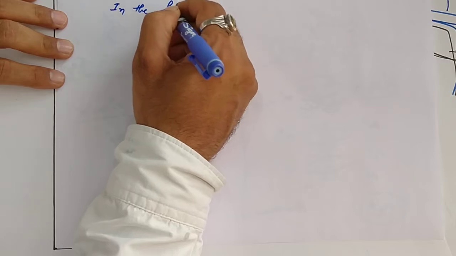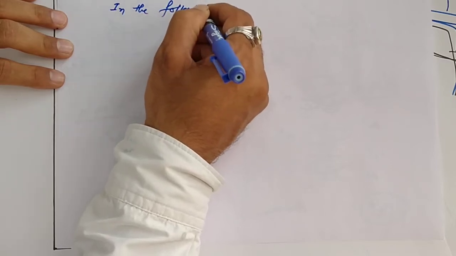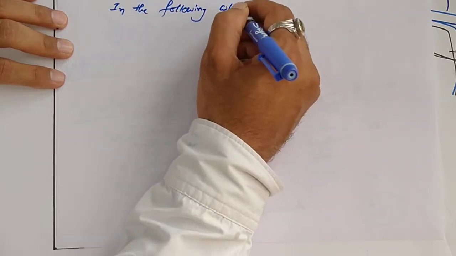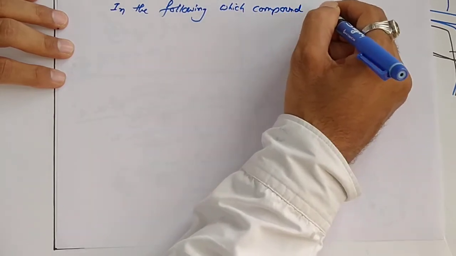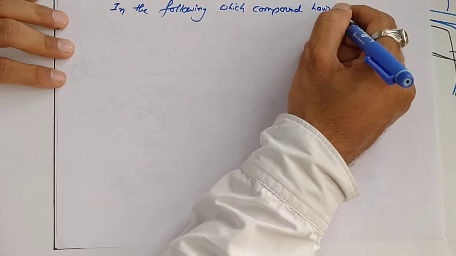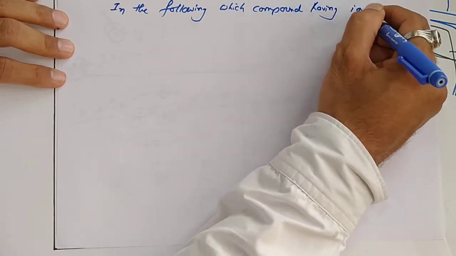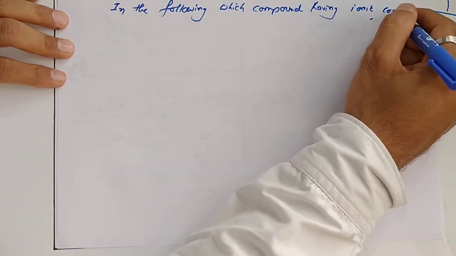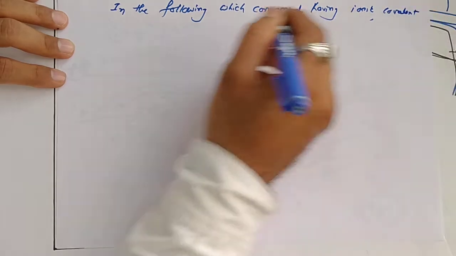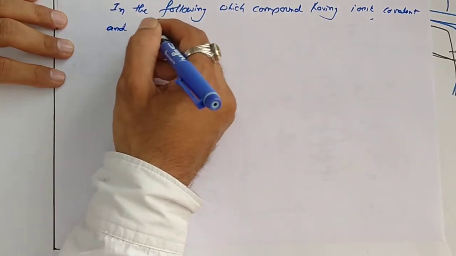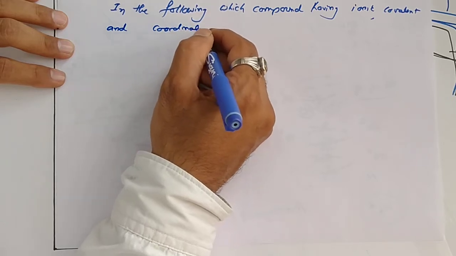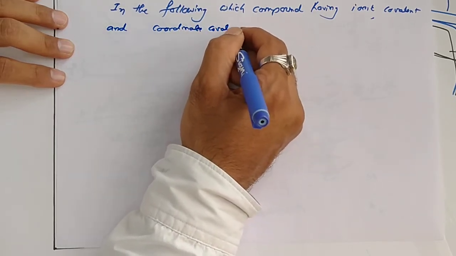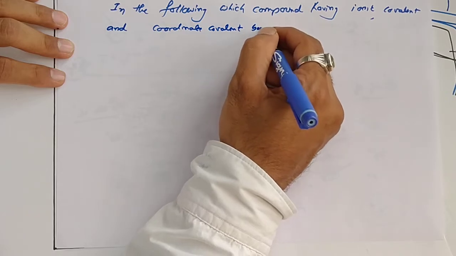In the following, which compound has ionic, covalent and coordinate covalent bonds?